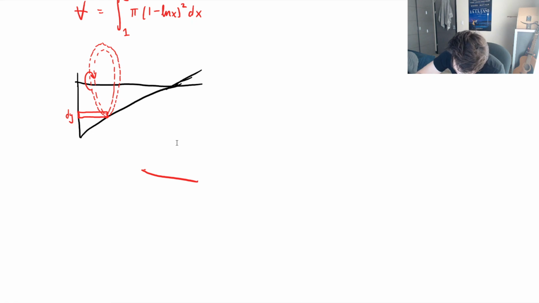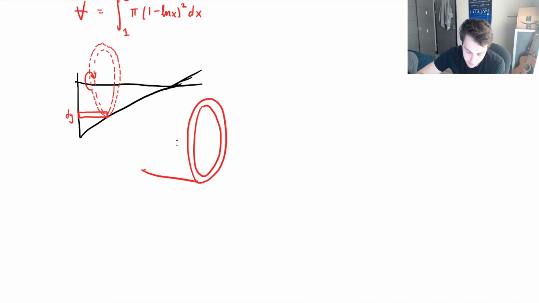We've got something that looks sort of like this, because we're rotating that tiny sliver of rectangle, well, we're rotating this entire thing about an axis that is quite far away from it.